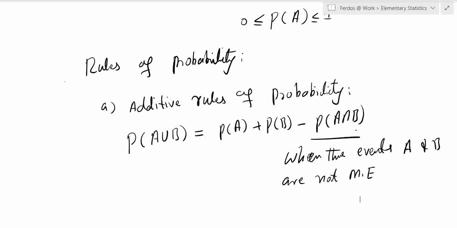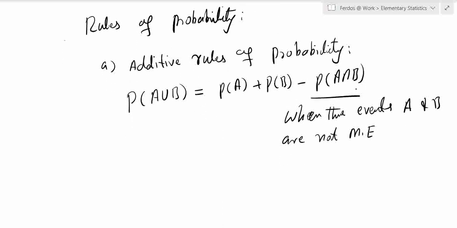When the events are mutually exclusive, then this is equal to probability of A plus probability of B, because the last part now does not exist, as there is no common point.